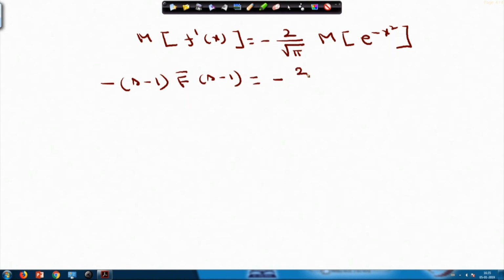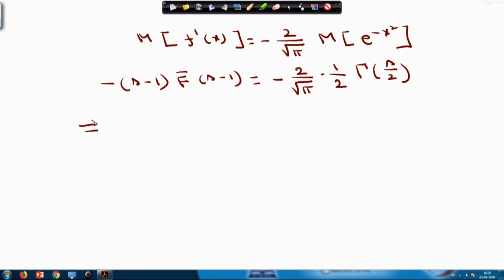This equals minus 2 by root pi times the Mellin transform of e power minus x square, which is half into gamma of s by 2, because the Mellin transform of e power minus a x square is half into a to the power minus s by 2 into gamma of s by 2, and a is 1.